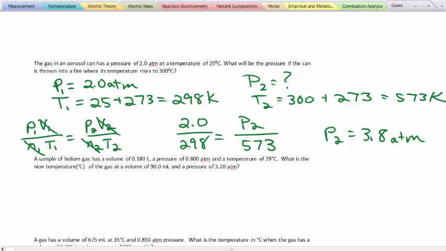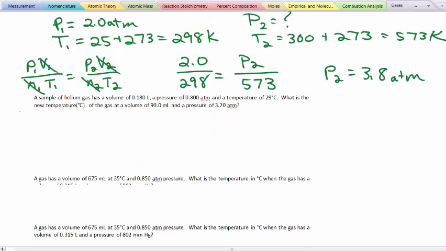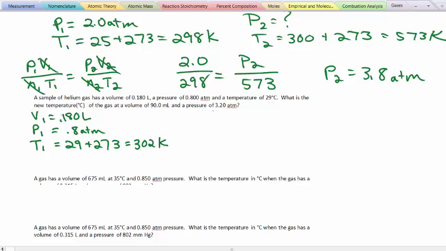Okay, so let's scroll down, and the next one has multiple things changing. Here I have a volume of gas, so V1 is 0.180 liters. My P1 is 0.8 atmospheres. And my T1 is 29 plus 273, so 302 Kelvin. And it wants to know the temperature if I change the volume to 90 milliliters.